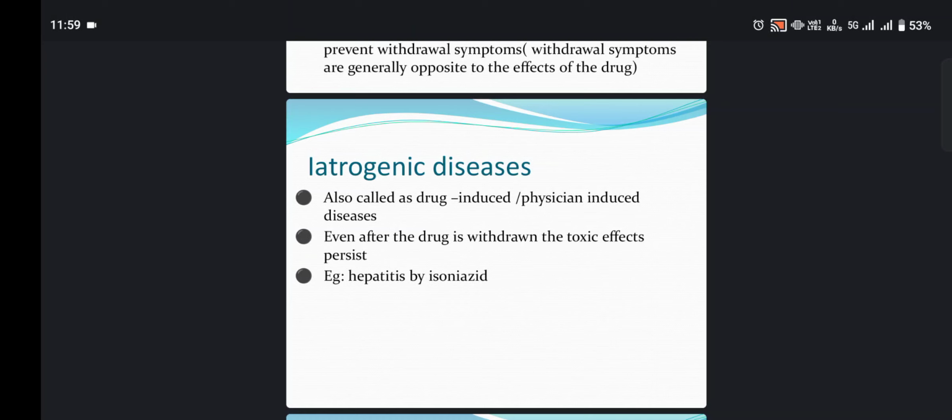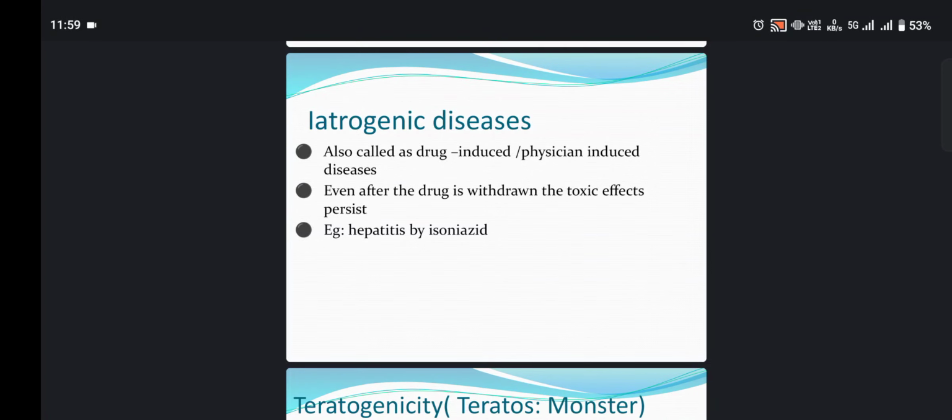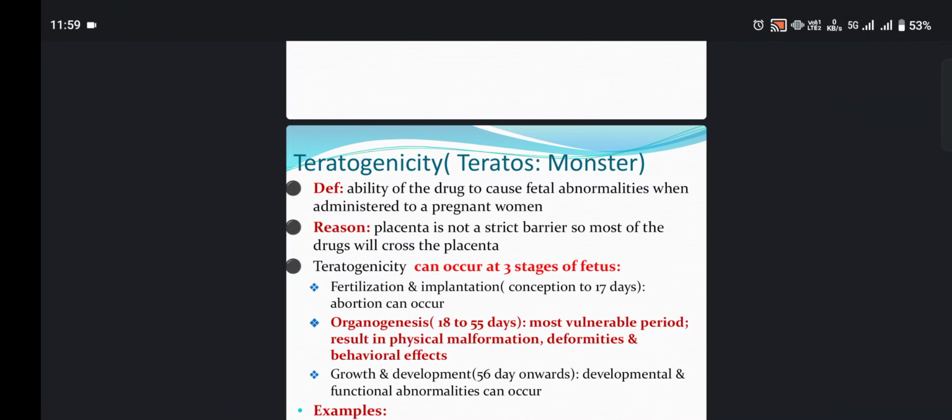Means a disease because of the drug is called iatrogenic disease. For example, isoniazid may cause hepatitis. That is one example, because even after the drug is withdrawn, the toxic effect may persist in that particular patient. So next one is teratogenicity.